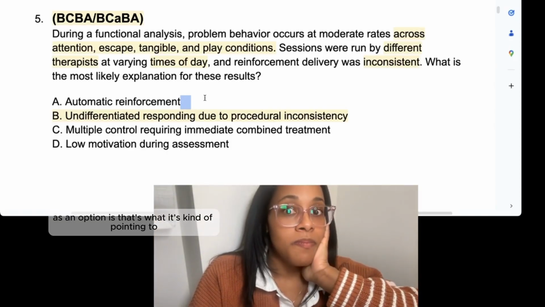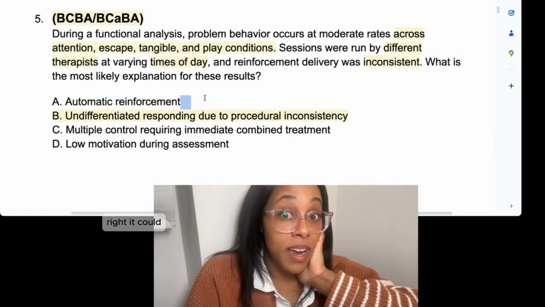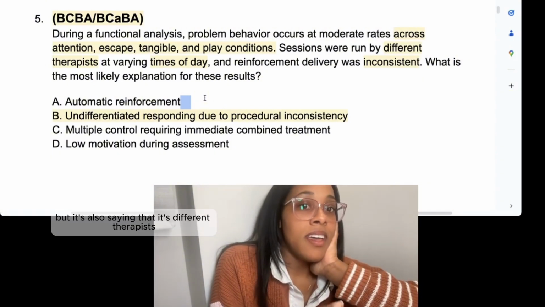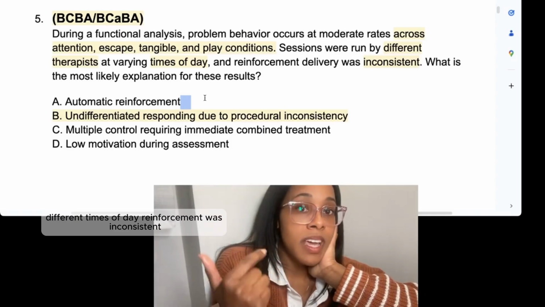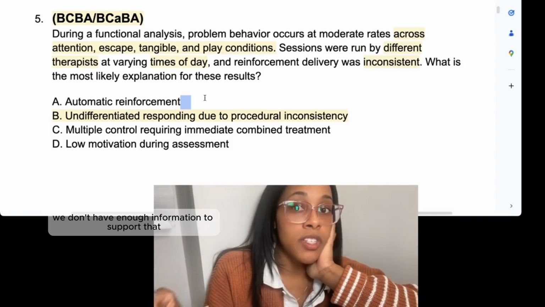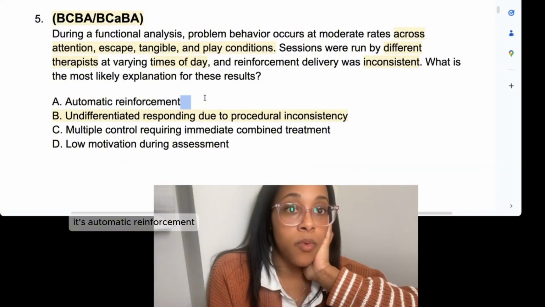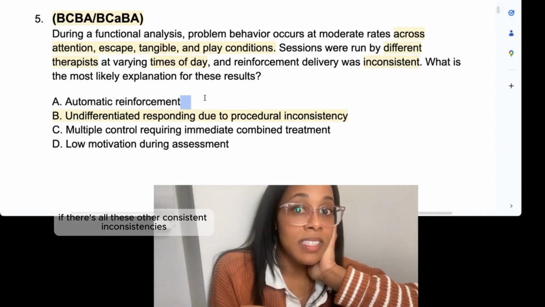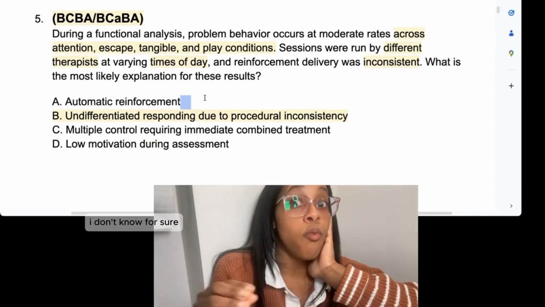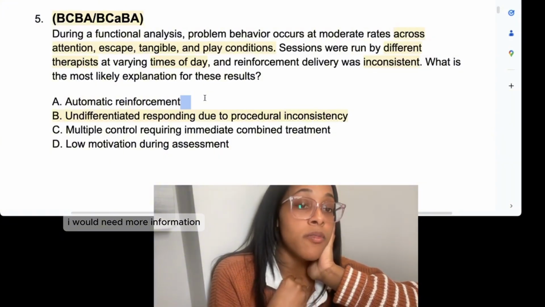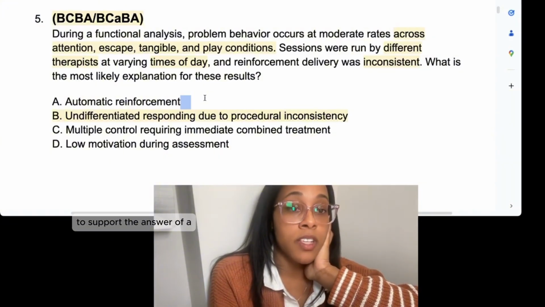It could point to that, but it's also saying different therapists, different times of day, reinforcement was inconsistent. We don't have enough information to support that it's automatic reinforcement. With all these other inconsistencies, I don't know for sure it's automatic reinforcement. I would need more information to support the answer of A.